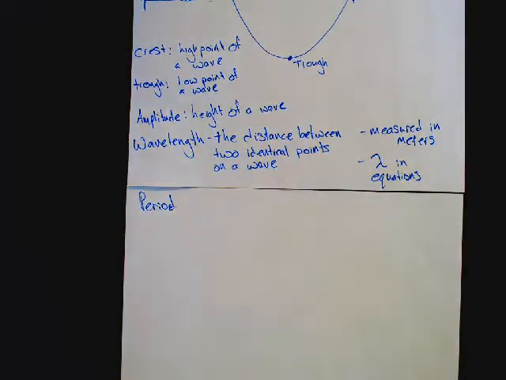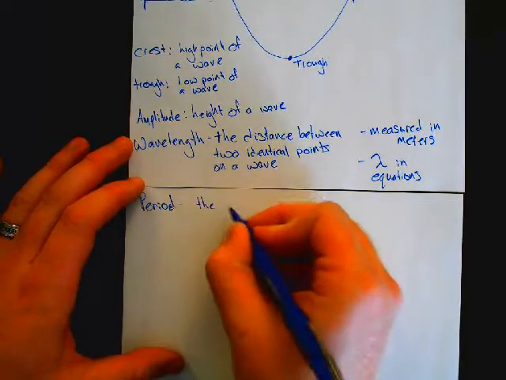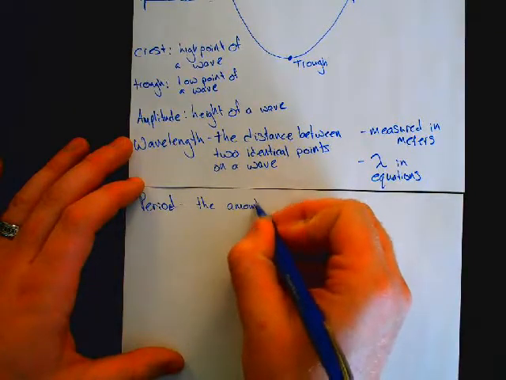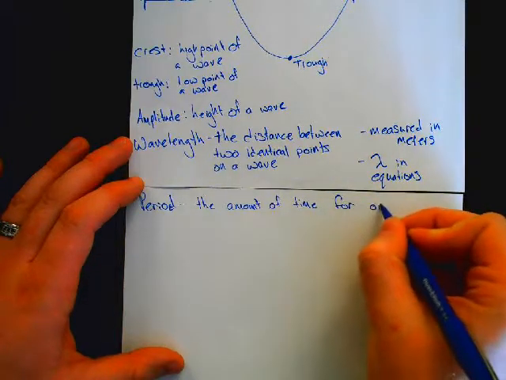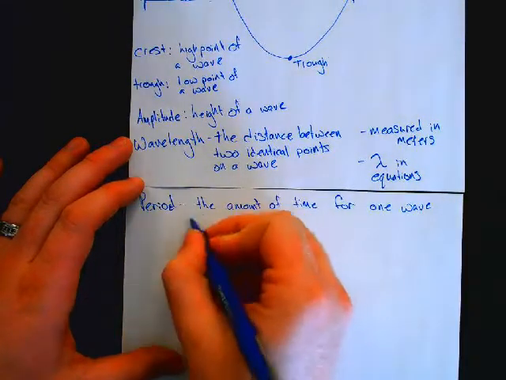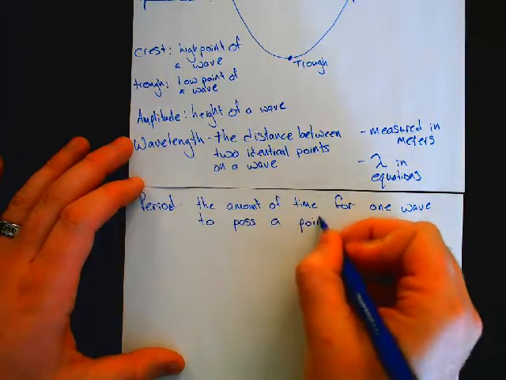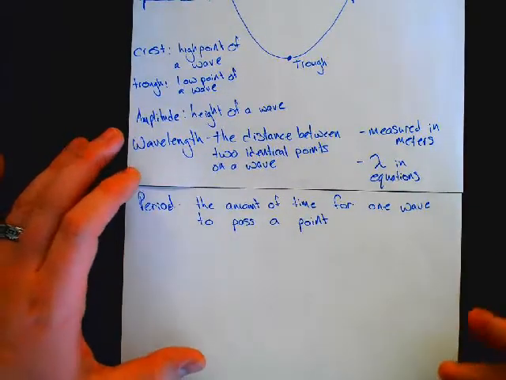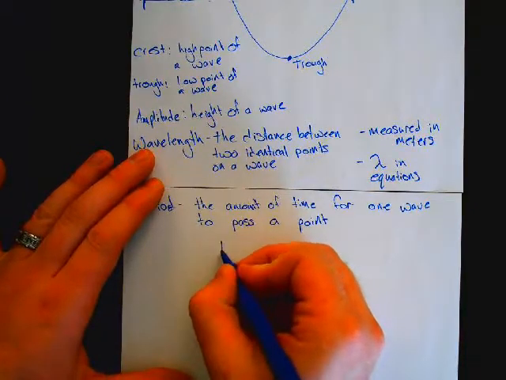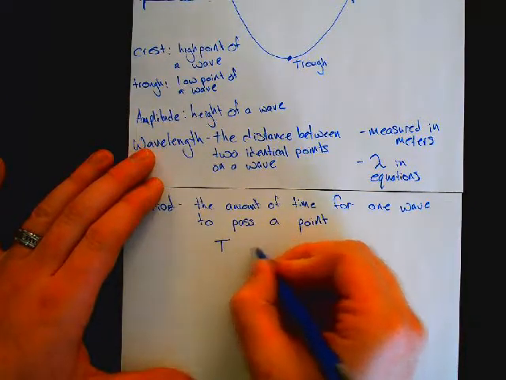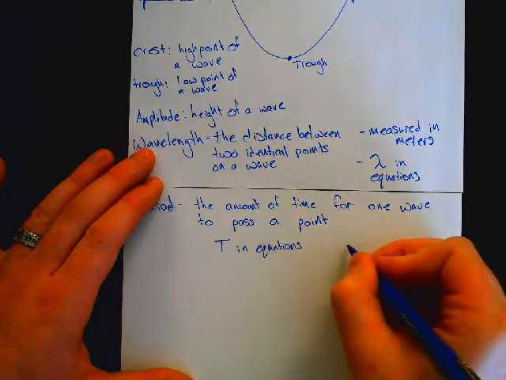Period is specifically the amount of time it takes for one wave to pass a single point. Since it's an amount of time, we're going to measure this in seconds. And period, being time, uses capital T in equations, and is measured in seconds.